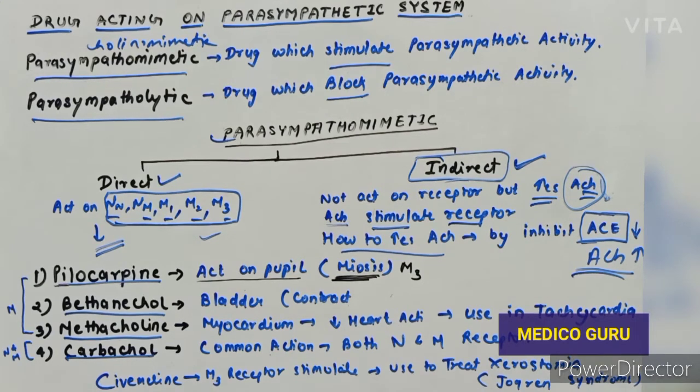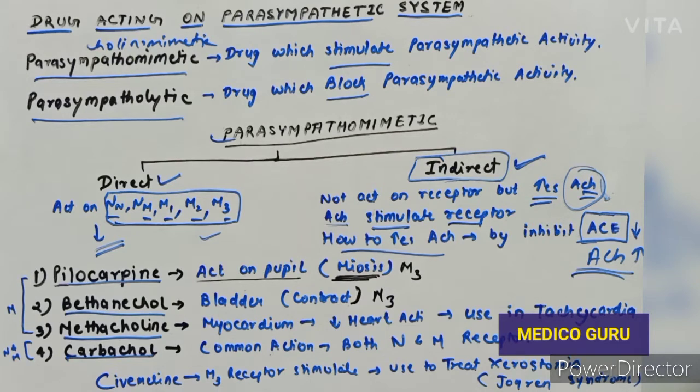Okay, next one is bethanechol. Bethanechol acts on the bladder. If bethanechol stimulates the parasympathetic activity, it stimulates the M3 receptor and the bladder will contract. Next one is methacholine. Methacholine acts on the myocardium.